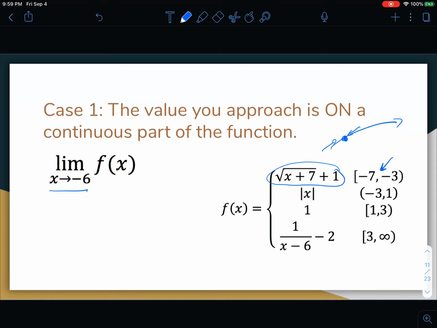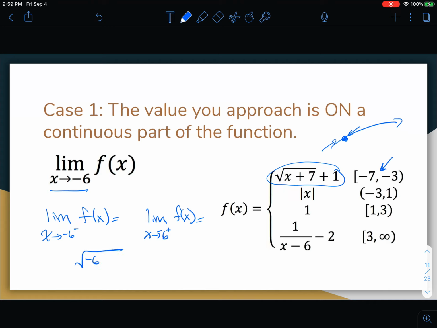So we would say the limit as x approaches -6 from the left of f of x, and the limit as x approaches -6 from the right of the same function. We know they're going to be the same. How do I find it? Well, I'm just going to plug it in.